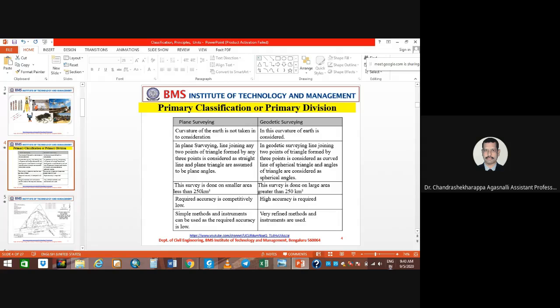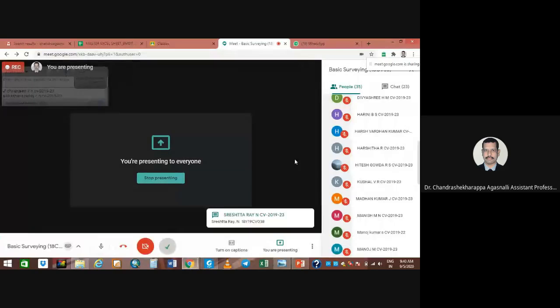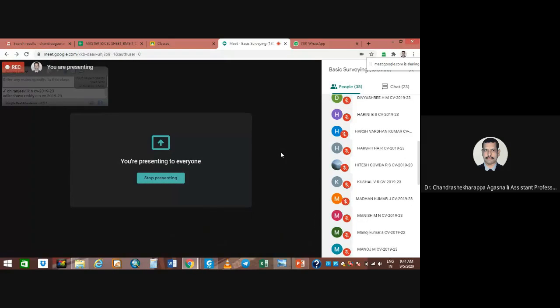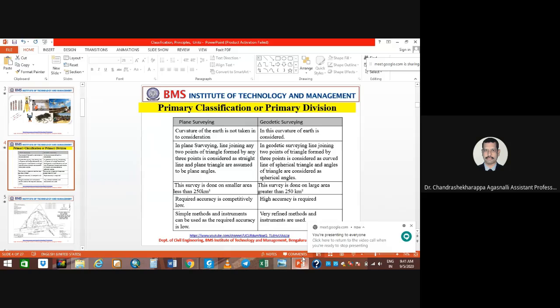Even if you make some error or mistake in the surveying, you need to rectify it at the same time. Don't wait for the end of your survey day, because the error will accumulate and it's very difficult to rectify. If you get a 10-degree error in your polygon, you need to distribute that error across all the stations. That is a very difficult part, so we need to take care of that.